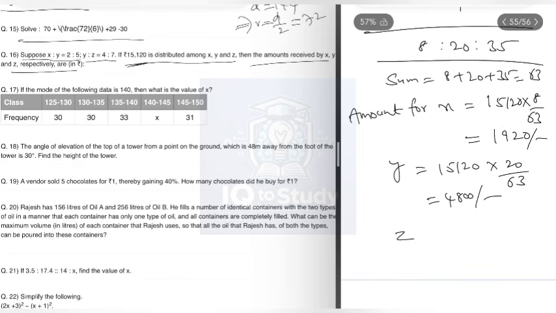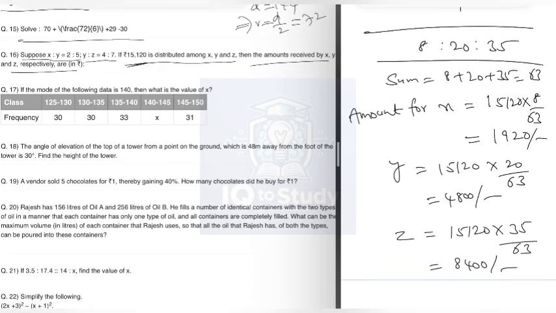Similarly, for z it is equal to 15,120 into 35 by 63, which is 8,400 rupees.